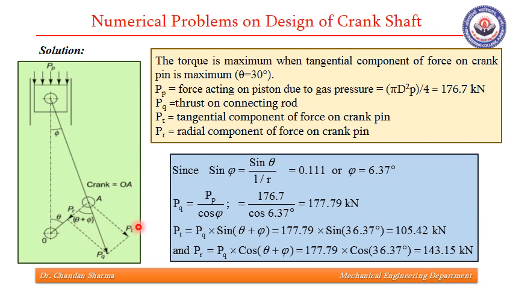Now we can very well find this PQ, which is PP upon cos phi, and PT and PR from these relations. So we are able to find PQ, PT and PR. These forces will be required to find reactions and in finding other dimensions.